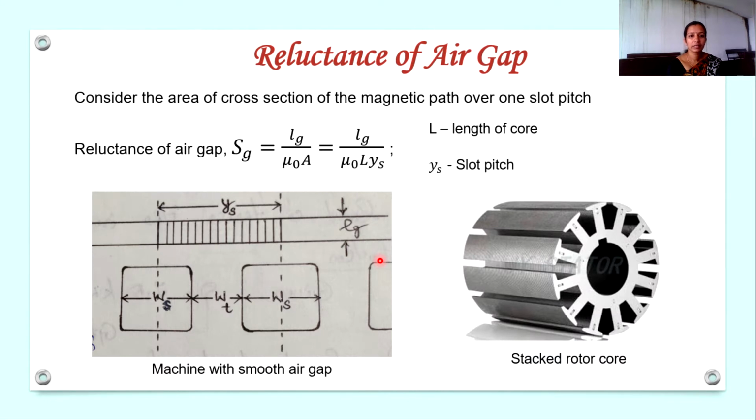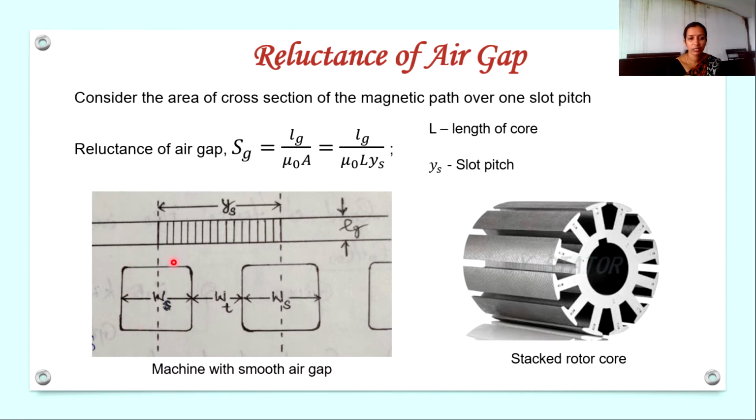So this is the two-dimensional view of an air gap. Now, in case of a machine with a smooth air gap, the flux will be uniformly distributed in the air gap like this. So here we are considering one slot pitch. So what is the slot pitch? Slot pitch is the distance between two adjacent slots.